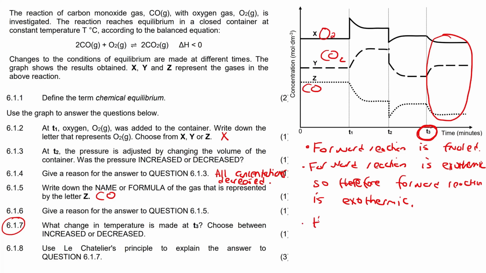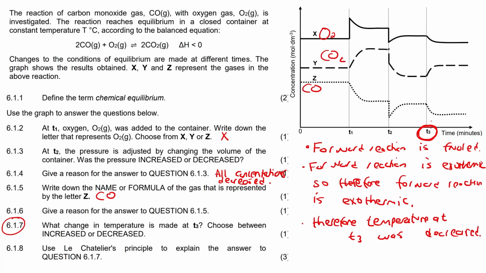So the temperature at T3 was decreased, which might make you think of endothermic, which is fine. But then remember, the system says, hey, I don't like what you're doing to me.